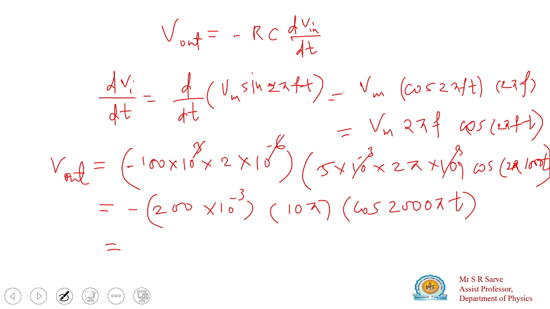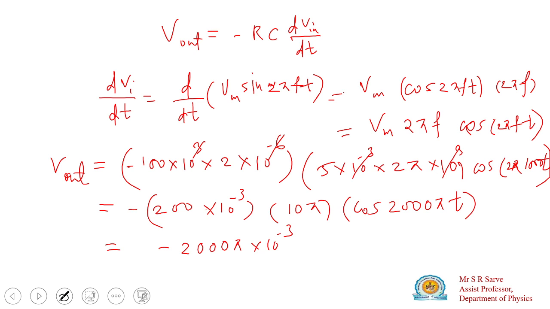So if you solve this equation, this will give you the value minus 2000 pi, into 10 to the power minus 3, into 10 to the power minus 3.